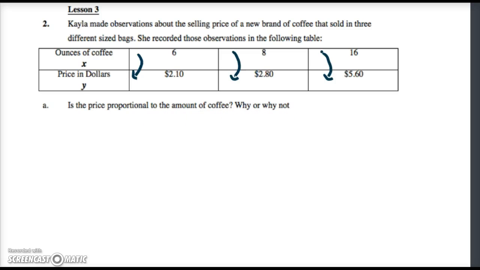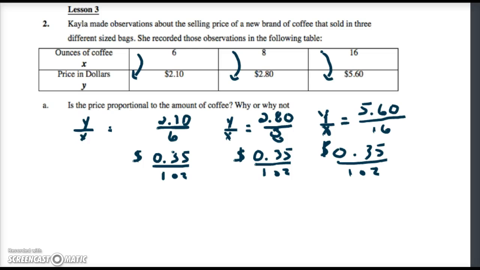Why or why not? It's like in problem 1, we need to determine if there is a constant in the table to see if X times some constant equals Y in each of the columns. Now go ahead and search for that constant. Do your division and see what answer you come up with for each of the 3 columns.